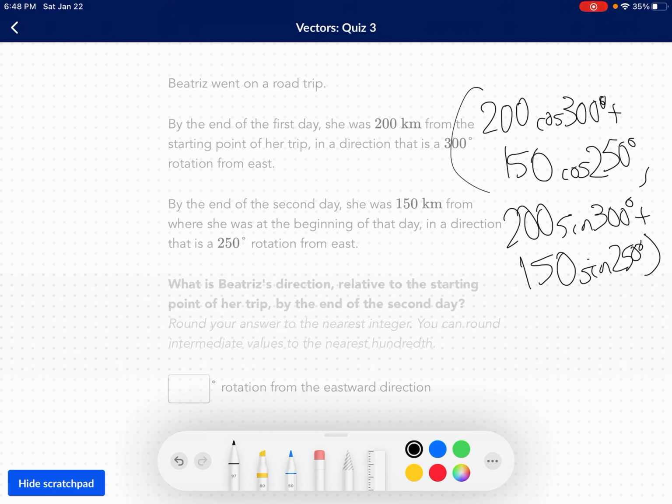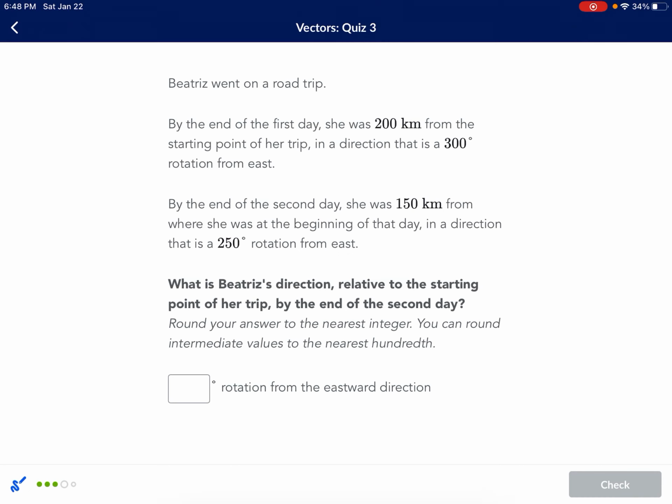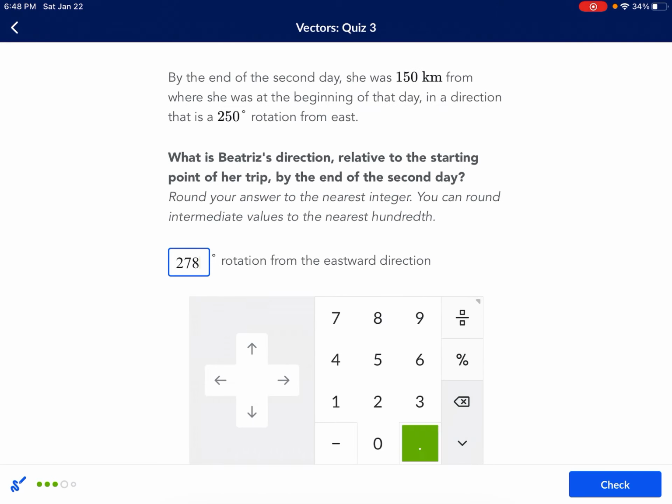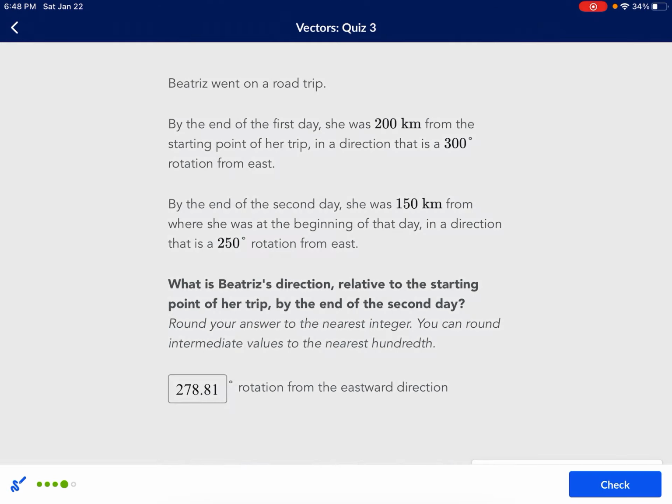From the x and y components, the point is in the fourth quadrant, because x is positive and y is negative. My inverse tangent result was in the fourth quadrant, but we need it between 0 and 360, so I add 360 to what I got, and I got 278.81.